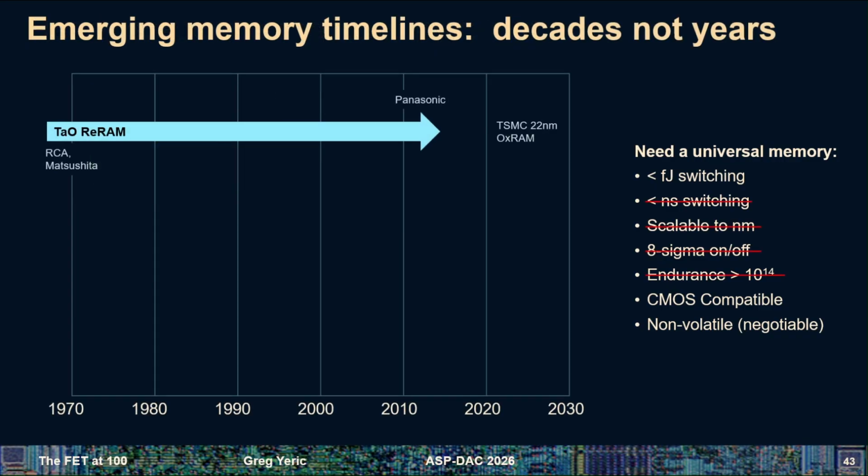So let's look at some of these candidate memories. One of the first ones to be invented was the resistive RAM. This is not an elegant technology, at least in the first instances of it, where you're really taking an oxide, in this case tantalum oxide, and making basically a capacitor, metal, insulator, metal.